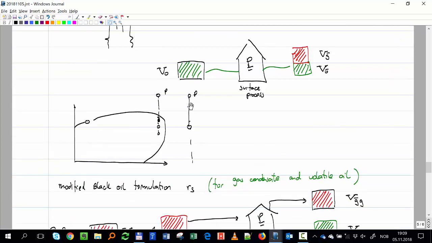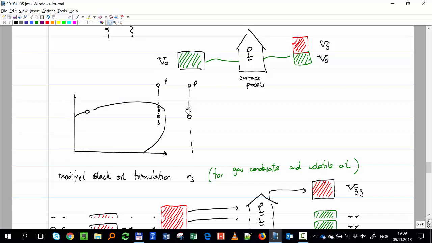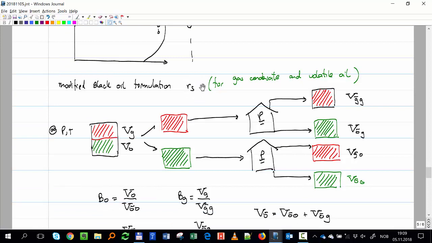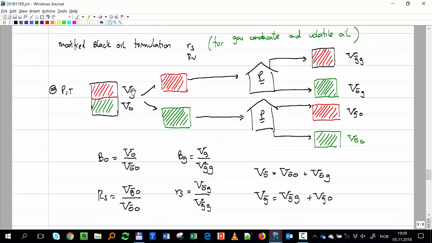The other complexity is that the gas might be condensing some oil, that we are not taking into account here. So for that, there was a modified black oil formulation introducing a small parameter called small rs, sometimes also called RV. That is very relevant for gas. You're going to be working with gas, so gas condensate and volatile oil, this is extremely important to include. But in this case, we cannot take the oil and gas together to the surface. It doesn't make sense, because then we lose where the liquid is coming from.